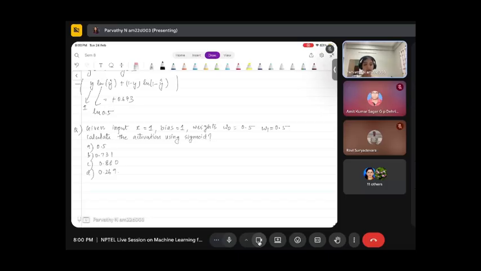So there is input X and also a bias 1, and weights are W0 0.5 and W1 0.5.